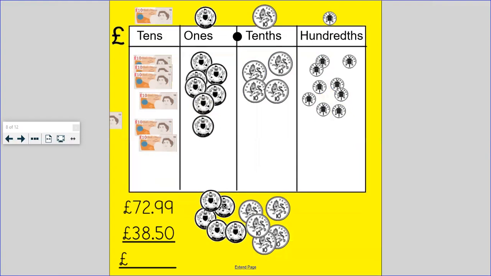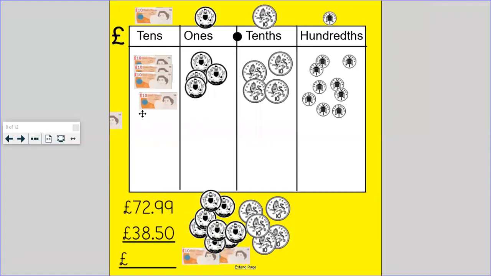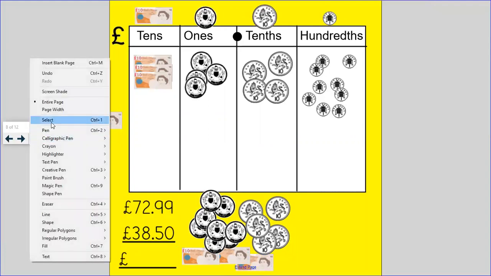Excuse me. 1, 2, 3, 4, 5, 6, 7, 8. Okay, taken away 8 £1, and I'm going to take away 3 £10, which is 30, and I'm hoping that is the right amount. Let's double check it, look, by doing our calculation down here.